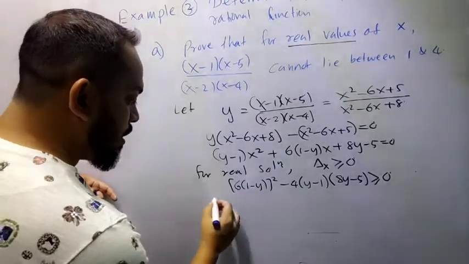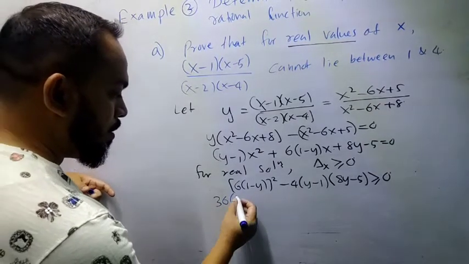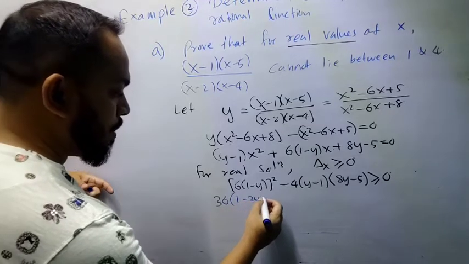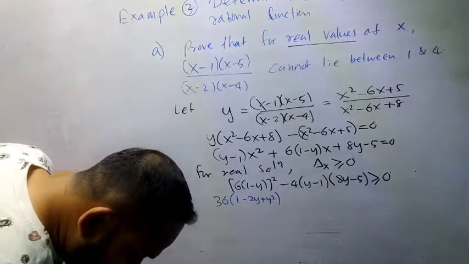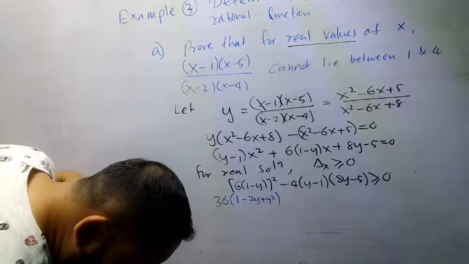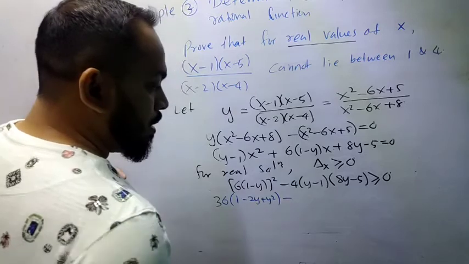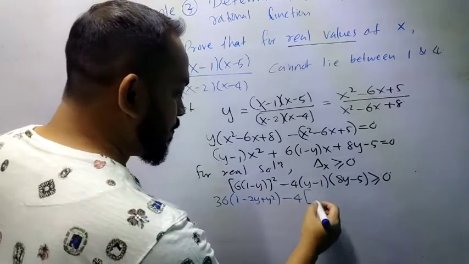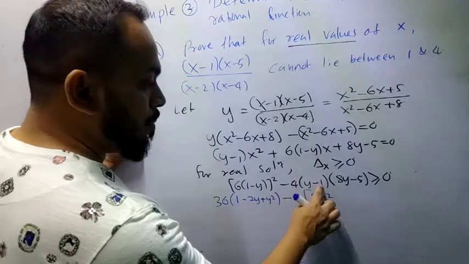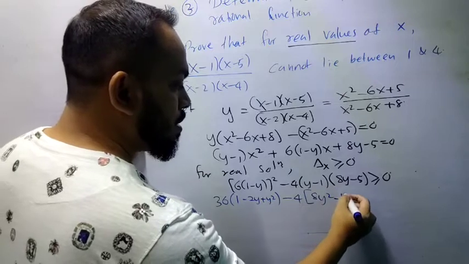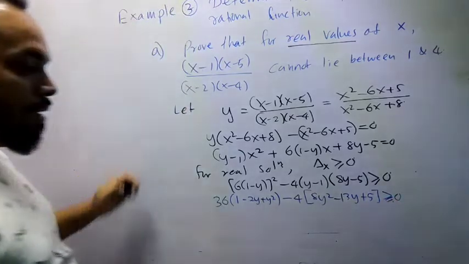So here we get 36 and expanding 1 minus y we get 1 minus 2y plus y squared. Okay. Then minus 4, and here we get 8y squared minus 8y minus 5 minus 13y plus 5, greater than or equal to 0.